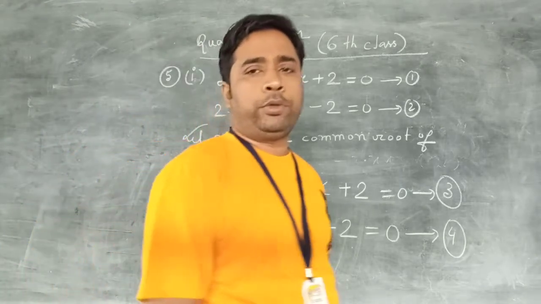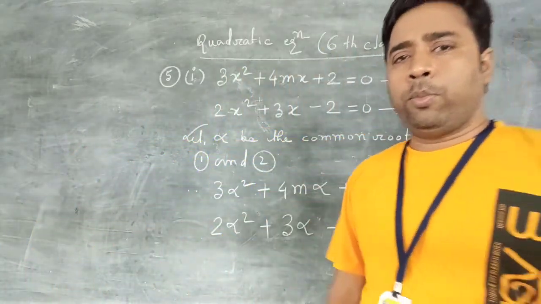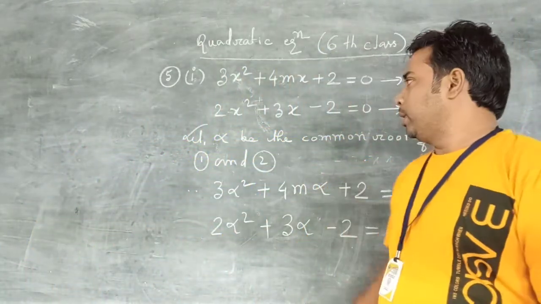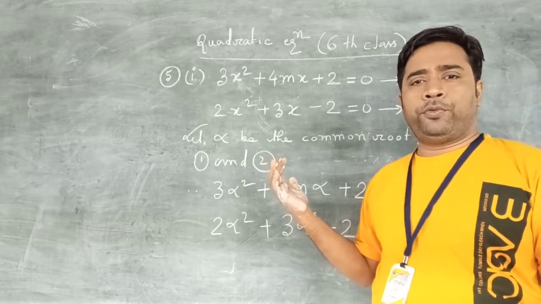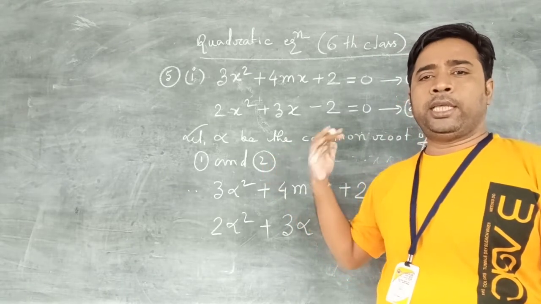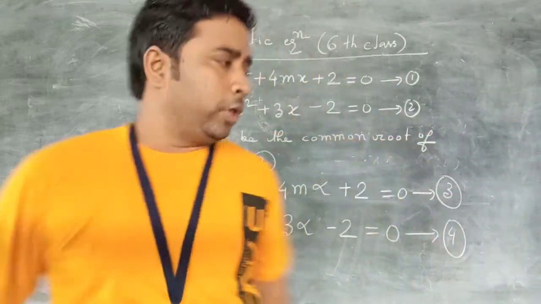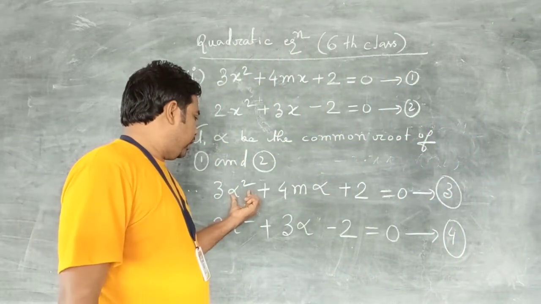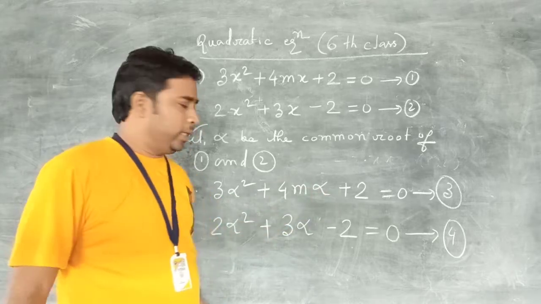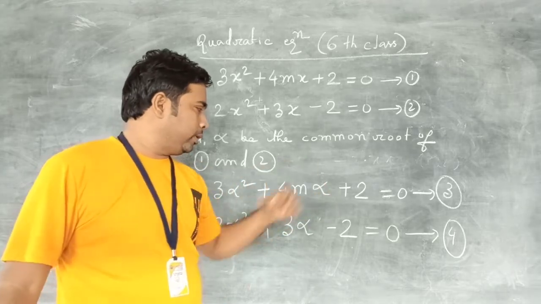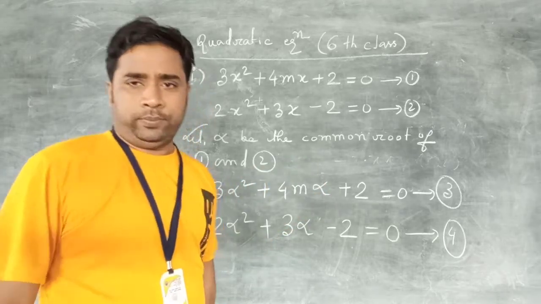So according to the question, I have considered the common root. After that, I have put the value of x in the given equations. Okay, now we shall solve. Suppose this part is x and this part is y, that means alpha square is x and alpha is y.